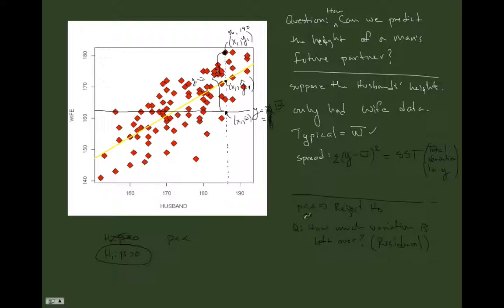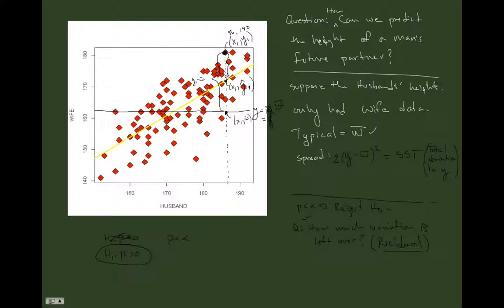So if we reject the null because of a small p-value, the next question is, what's the residual variation? Going back to my example, each of these points now has two components to its variation.